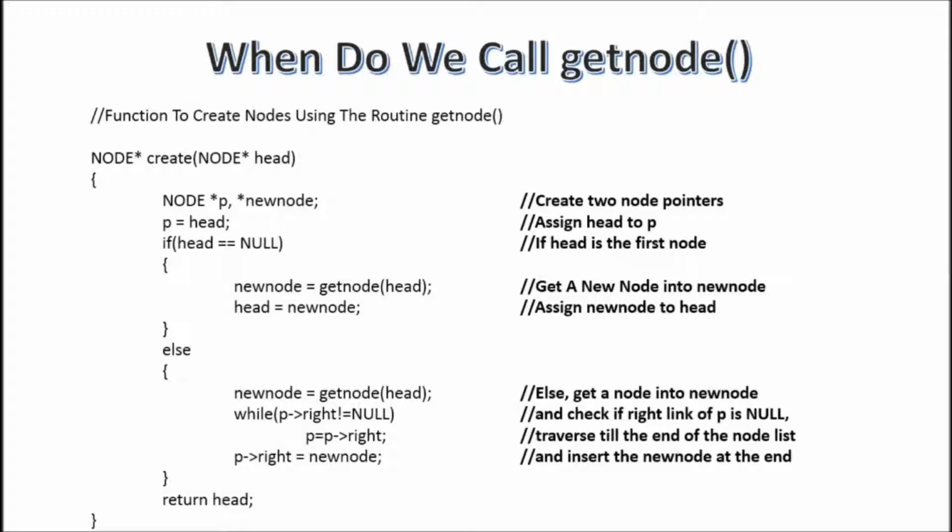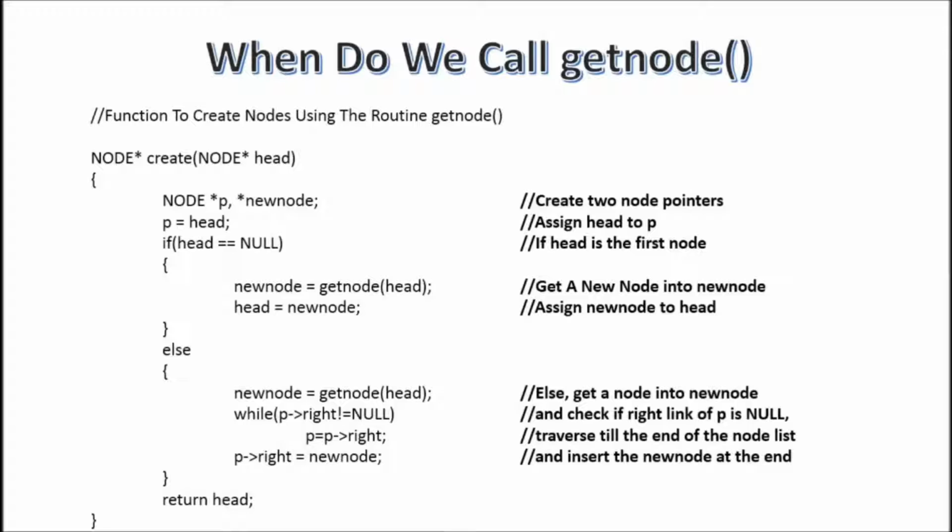That basically checks if this is the first node in the whole list. And then we say new node equals getnode of head, and we assign the new node to head again. And if it's not the first node in the whole list, we go to the else part. If head equals null, execute whatever is here. Else, we say new node equals getnode of head.